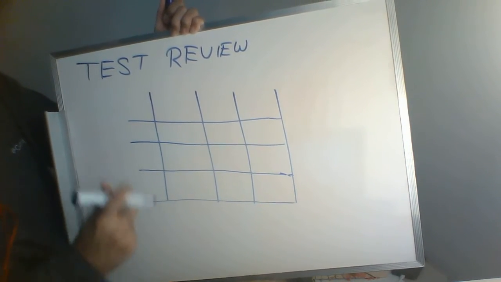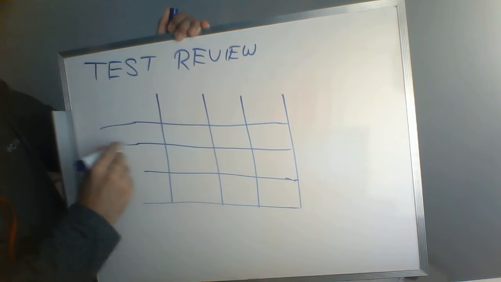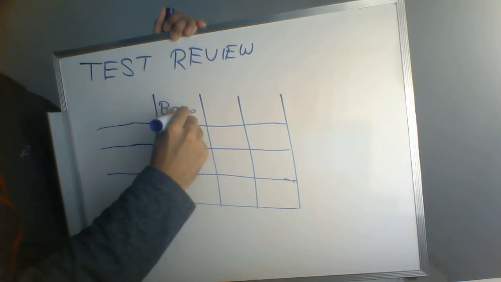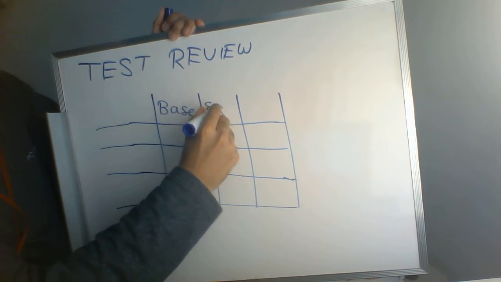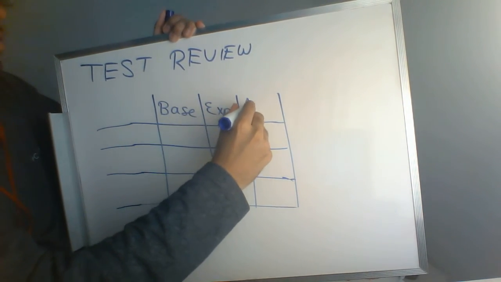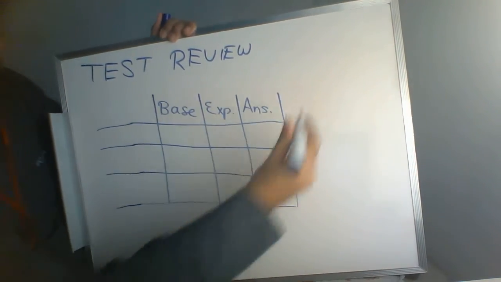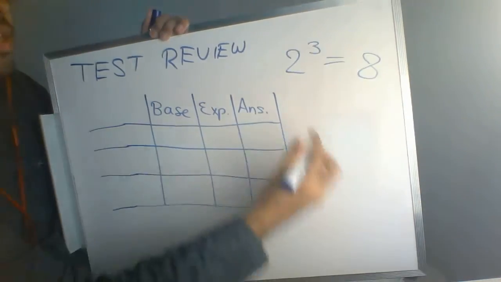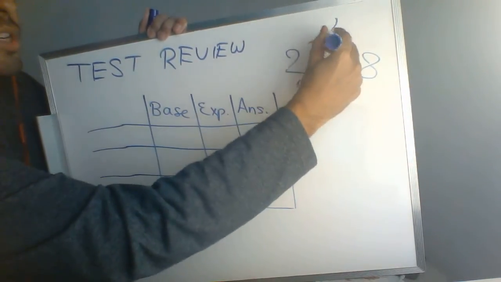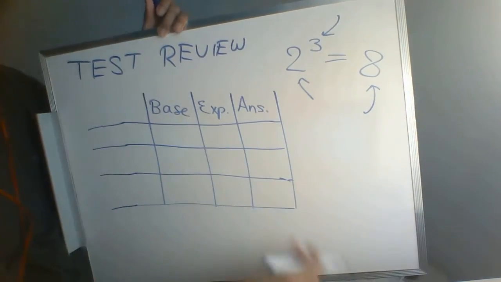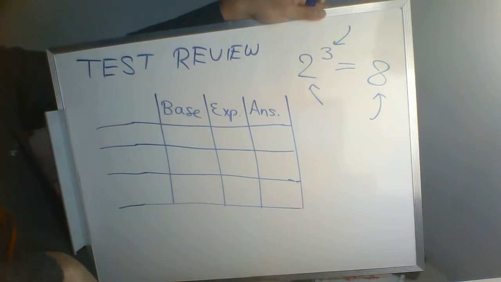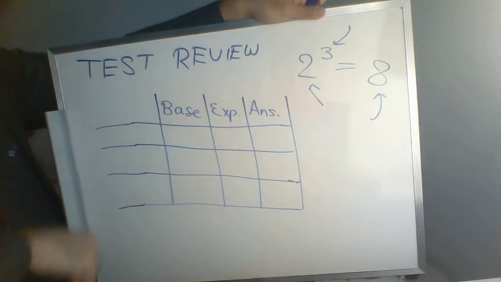So basically, the 3 sort of components that we were dealing with were the base, the exponent, and the answer, or the power. So that would be like 2 cubed equals 8, something like that. So here's your base, here's your exponent, and there was our final answer for the power, for the actual solution to 2 cubed.